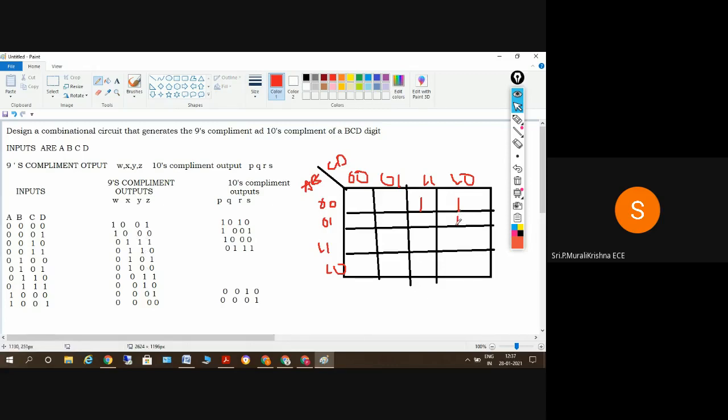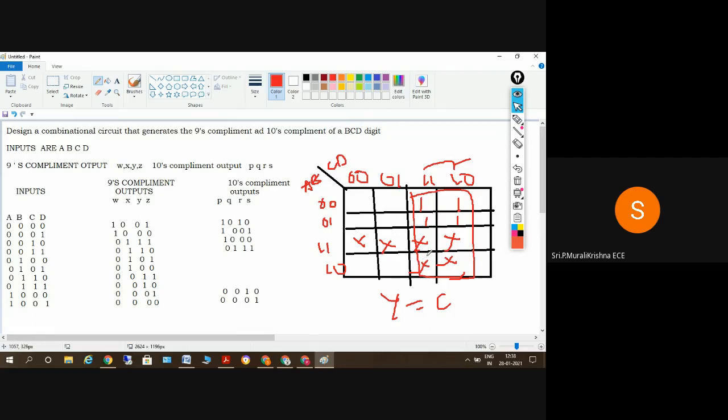So this is 6 7. Okay, and we had ones from 8 9 10 11 12 13 14 15. Okay, so this can form an octet. Now I'm forming the octet, so grouping these two, so this is the Y value, so Y is equal to C. Okay, so the value of Y is equal to C.